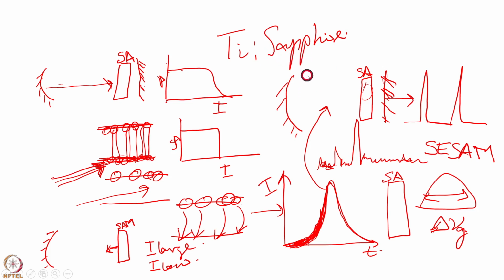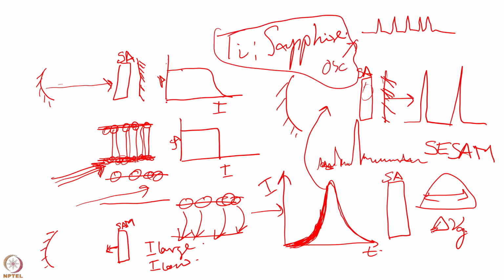From a titanium sapphire oscillator you get a whole train of pulses, somewhere in the 90 to 100 megahertz range.